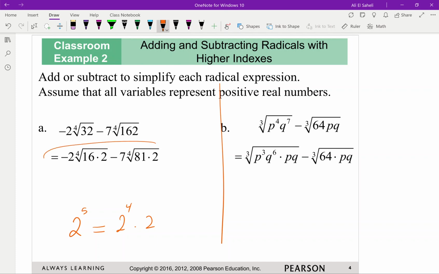I'm going to do this slightly differently. So this becomes minus 2, just keep it outside the whole thing.